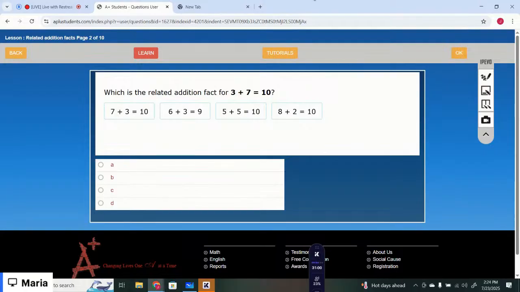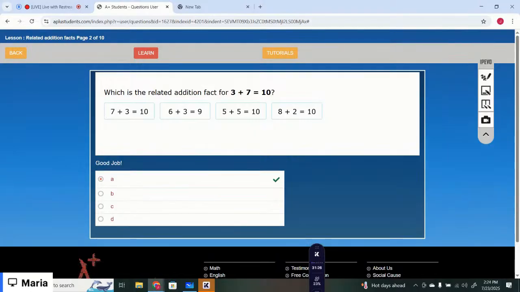Option A is the correct option. 7 plus 3 equals 10.